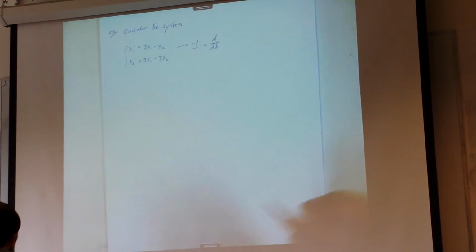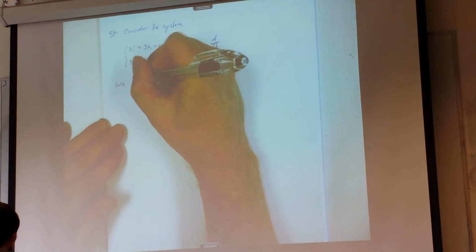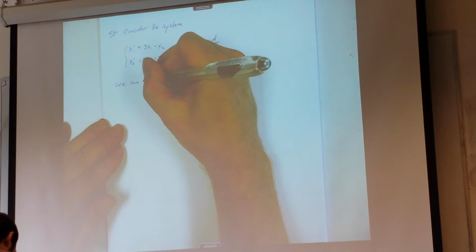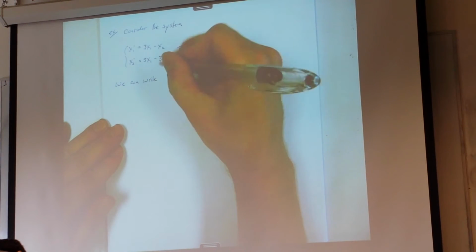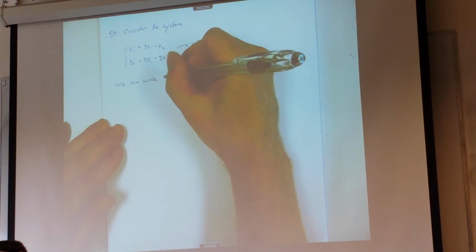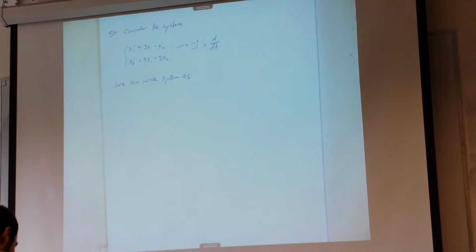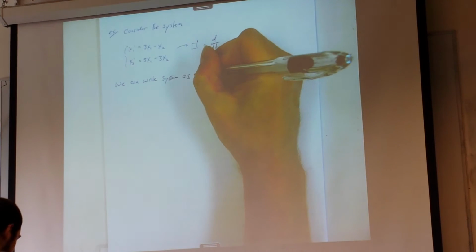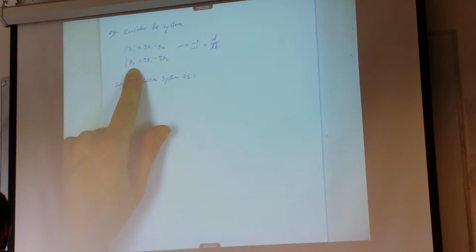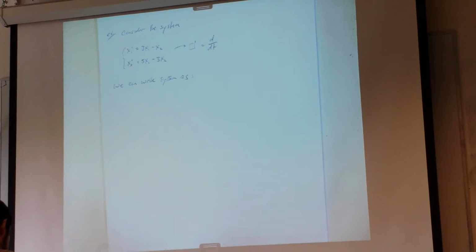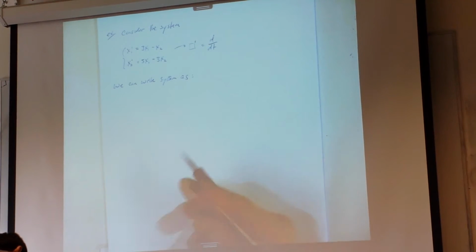All right. So we got a little bit of practice with this. We can write this system in matrix form. How? x1 prime, x2 prime as a vector. Right, that would be a single vector.